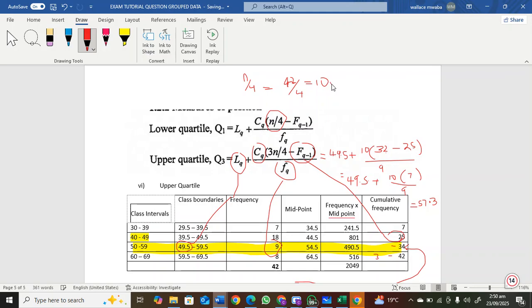So the position of the lower quartile class, you can say it's the 11th position.